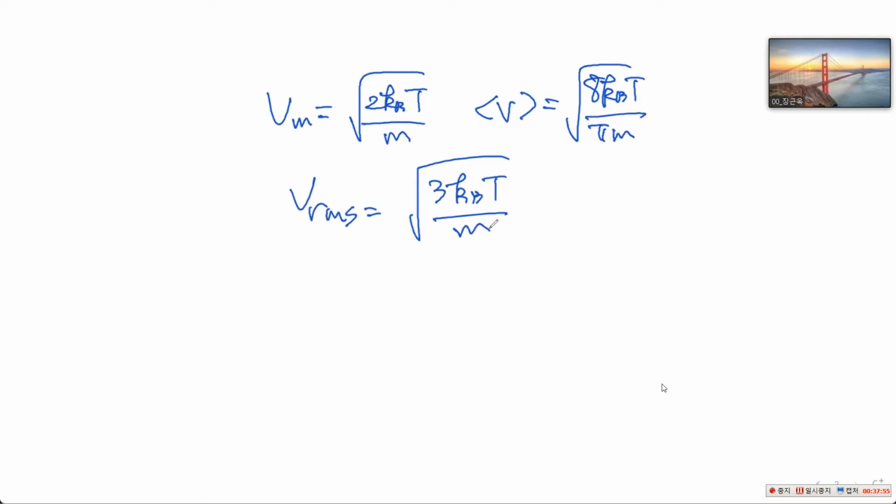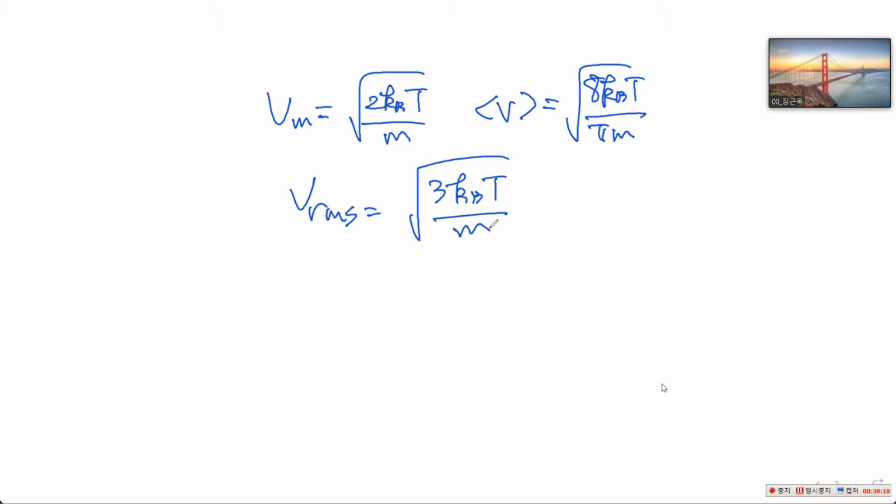Okay. So in the figure in page 156, I compare the schematic position of Vm, which is the leftmost, V average in the middle, VRMS, which is the biggest. 이런 세 가지 관계를 유도를 했습니다. Okay.